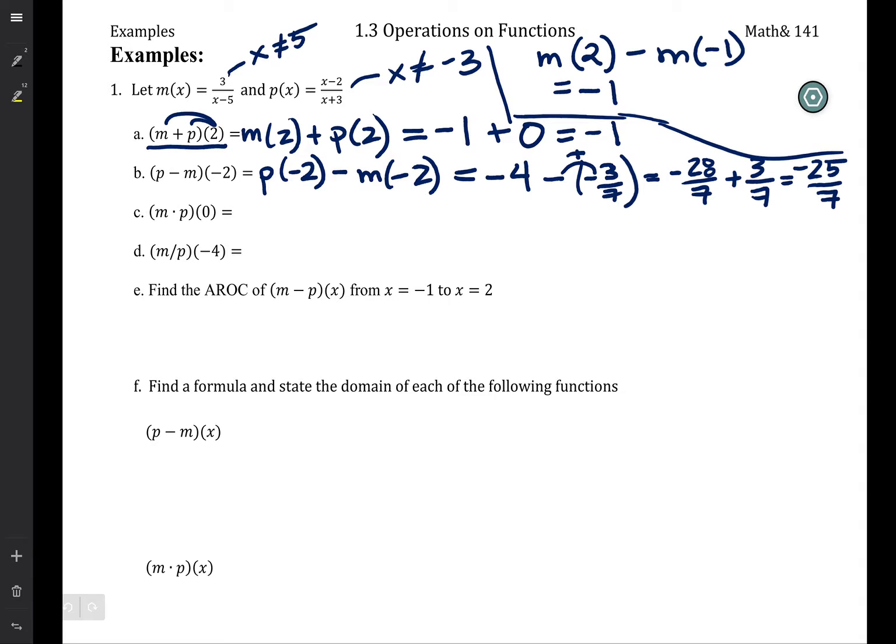And then m of -1 is 3 over -6, which is -1/2. So when we make this subtraction, we're doing -1 plus 1/2, which is -1/2. This should not be confused with m of 2 minus 1. You can't distribute the m through the parentheses. M of 2 minus 1 is simply m of 1. Just work in the parentheses first. And m of 1 is 3 over -4, or -3/4.